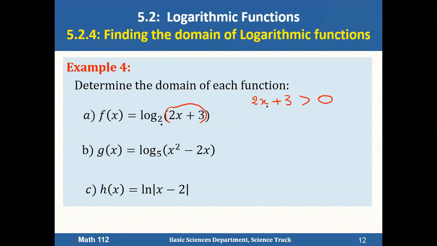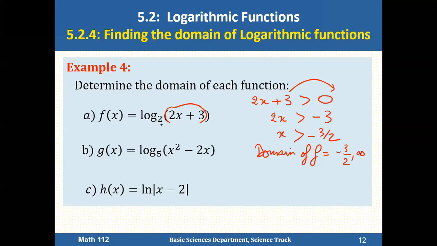We have to isolate x. We move the 3, it becomes minus 3, then divide by 2: x greater than minus 3 over 2. So the domain of f is from minus 3 over 2 to infinity. Open or closed? Open, always open, because it is strict.